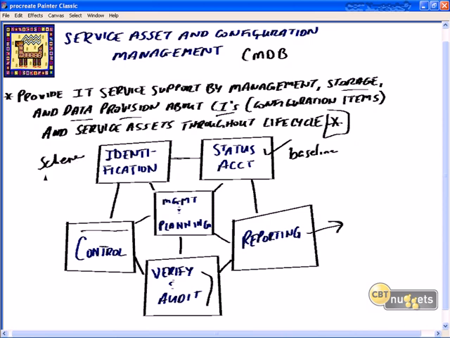Some type of scheme for classifying and identifying assets and configuration items. That could be some type of alphanumeric scheme that has mapping to a spreadsheet or a database, and that should be part of your database management system, identifying uniquely all of your assets and configuration items.